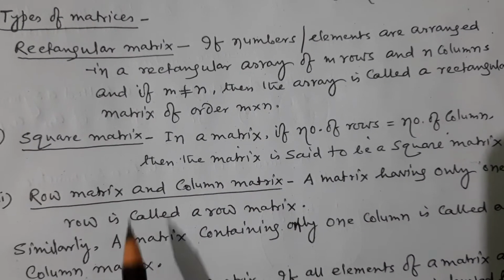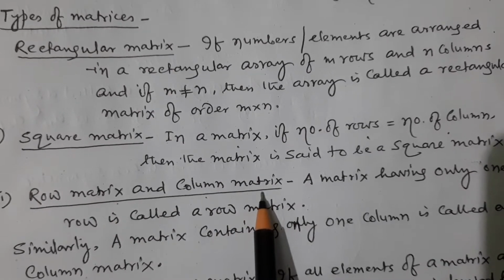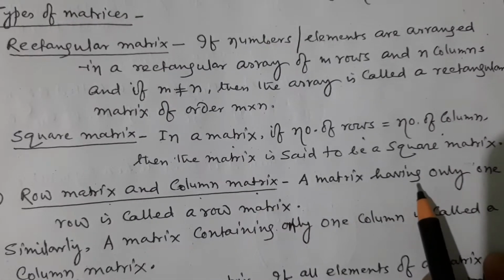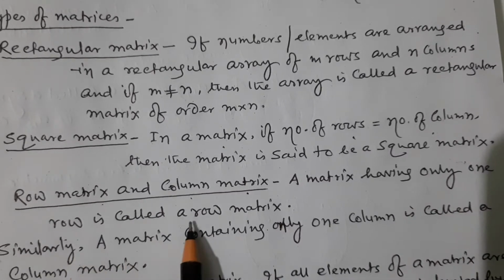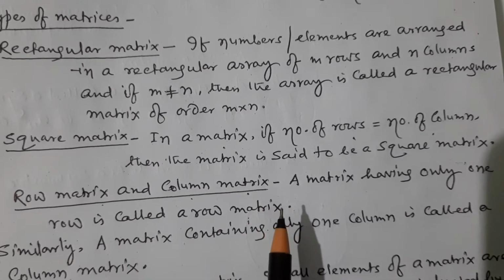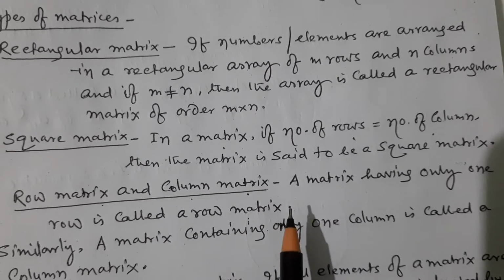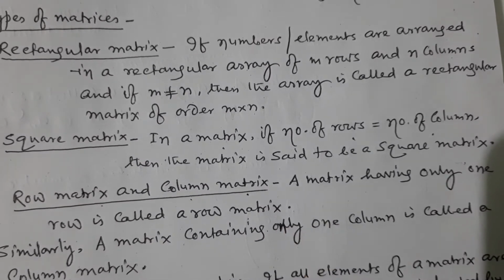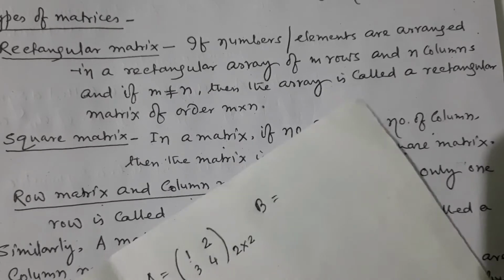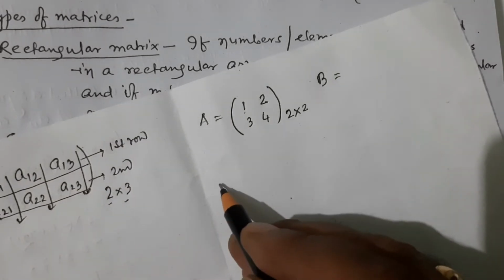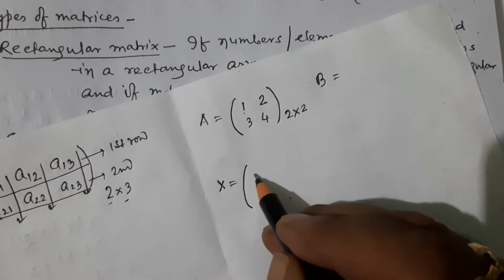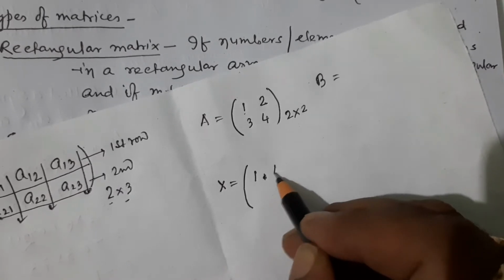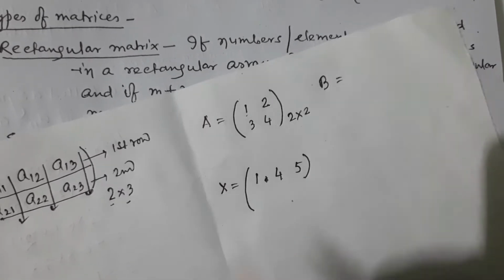Next, row matrix and column matrix. A matrix having only one row is called a row matrix. For example, suppose X is a matrix, 1, 1, 4, 5.